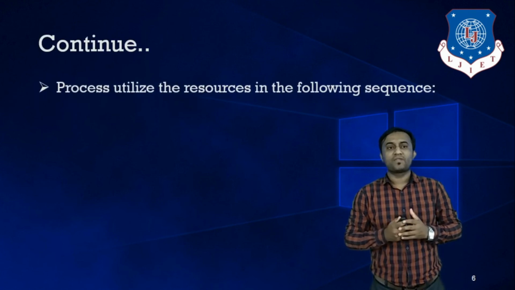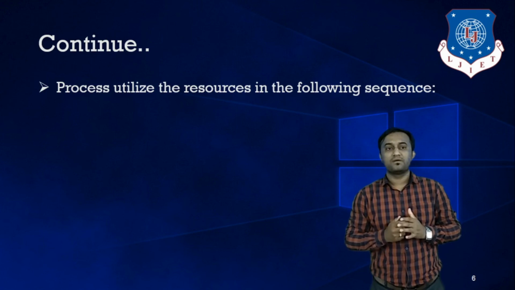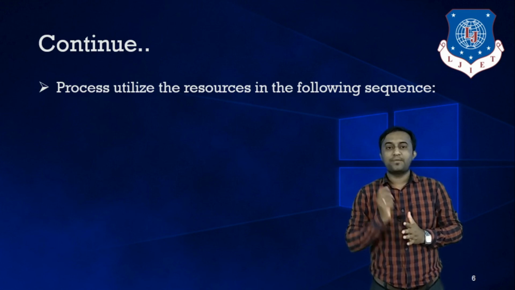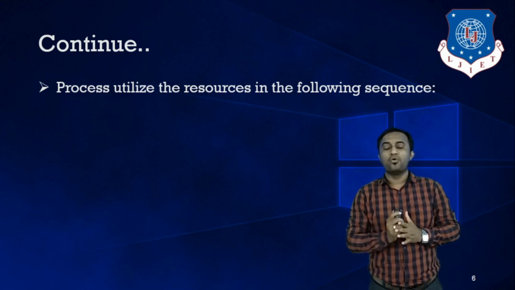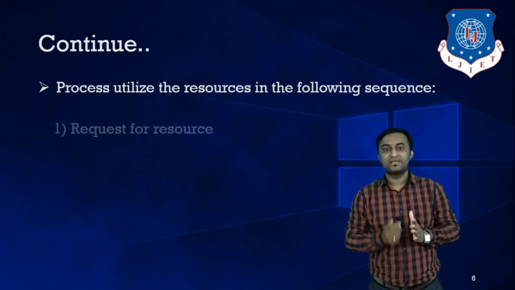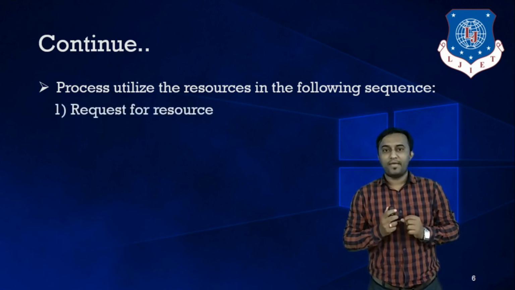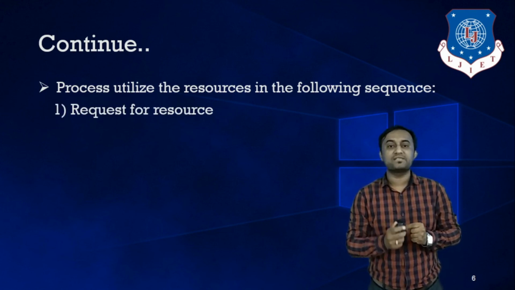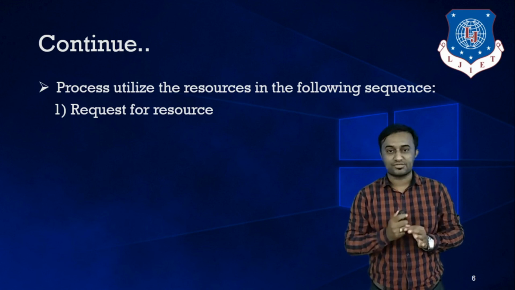Now in an operating system, a process utilizes resources in the following sequence. If any process uses resources, it needs to follow this sequence of steps. What is the first step? If a process requires a resource, it first sends a request to access that resource.